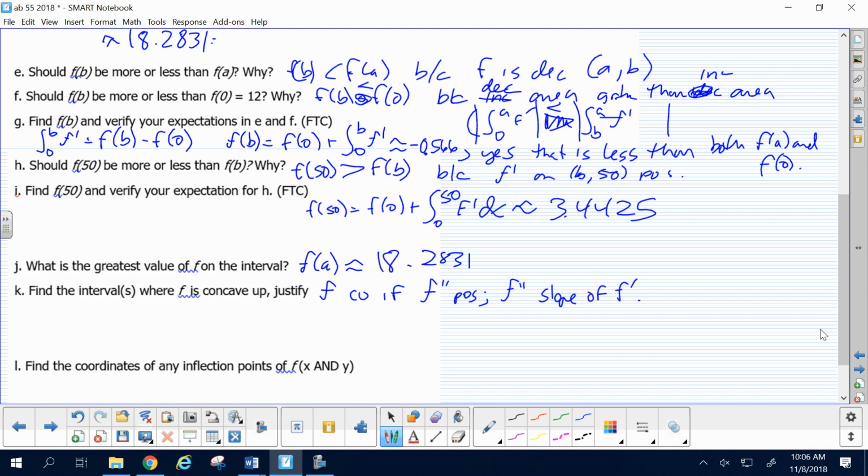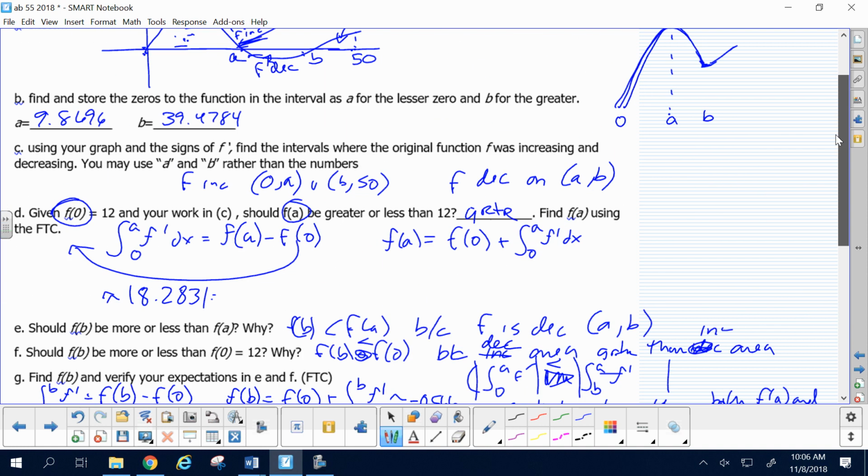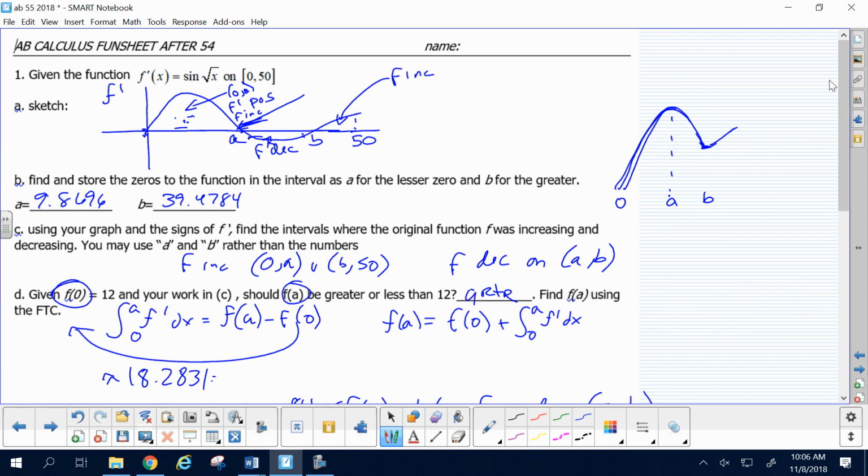So I need to find where the slope of f prime is positive. F double prime is positive if f prime is increasing or has positive slope. So, wouldn't I need to find that point because it's positive slope then, and that minimum because it's positive slope then?